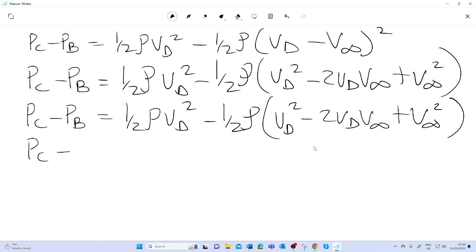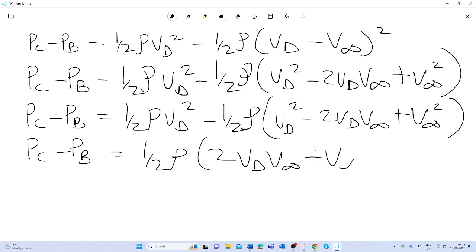So PC minus PB equals half rho (2VD V infinity minus V infinity squared). VD cancel each other.